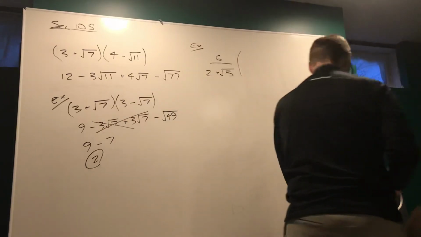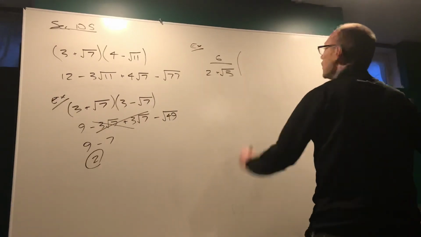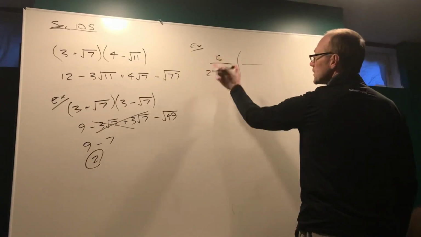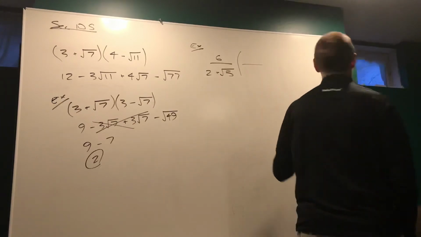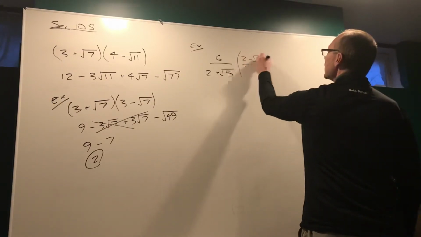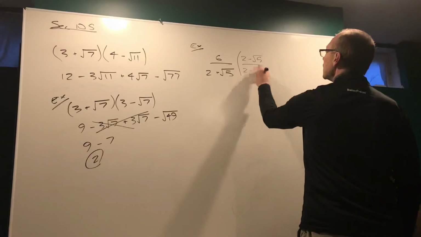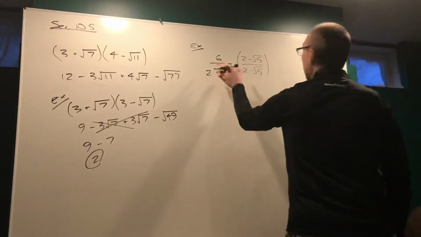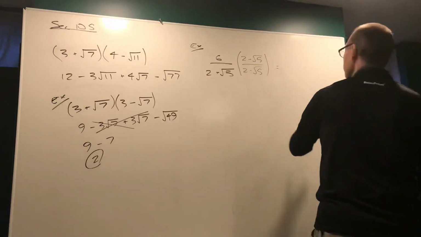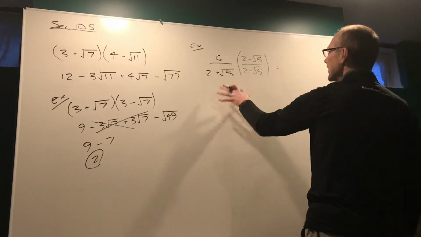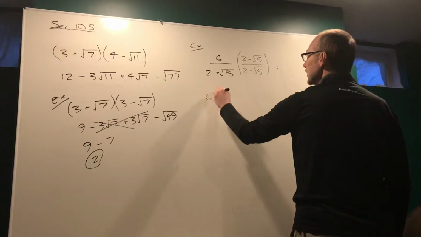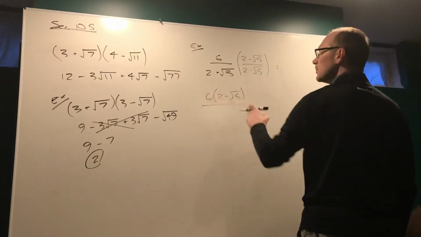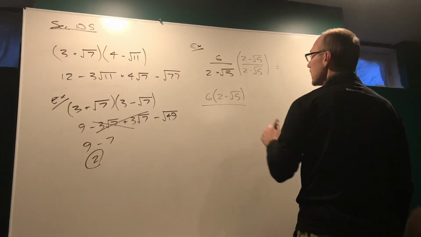What happens if I multiply both top and bottom by, instead of the square root of 5, 2 minus the square root of 5 in both the numerator and the denominator? I'm kind of out of room here, so I'm going to go down here. In the numerator, I've got 6 times 2 minus the square root of 5. I didn't distribute that yet, for reasons you'll see in a moment.